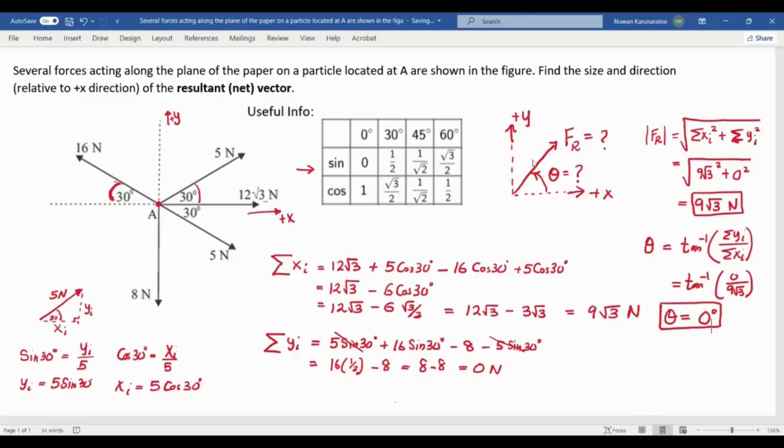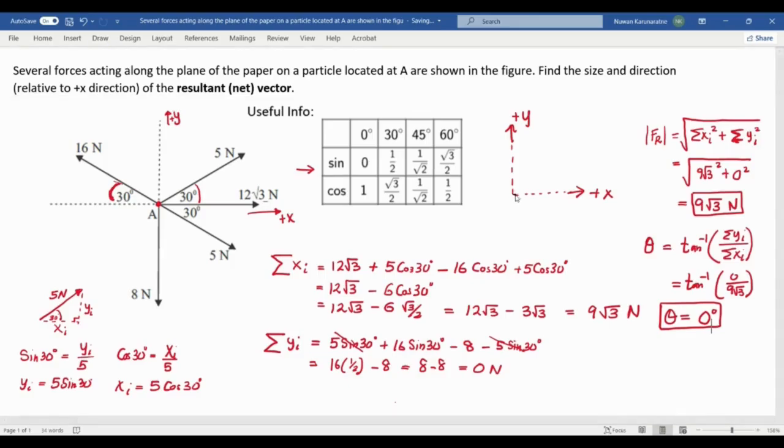So I will replace this information now over here. For example, I'll make a slight adjustment. I'll just replace this. Now that we have our x and y components, we now have an understanding about the net force.